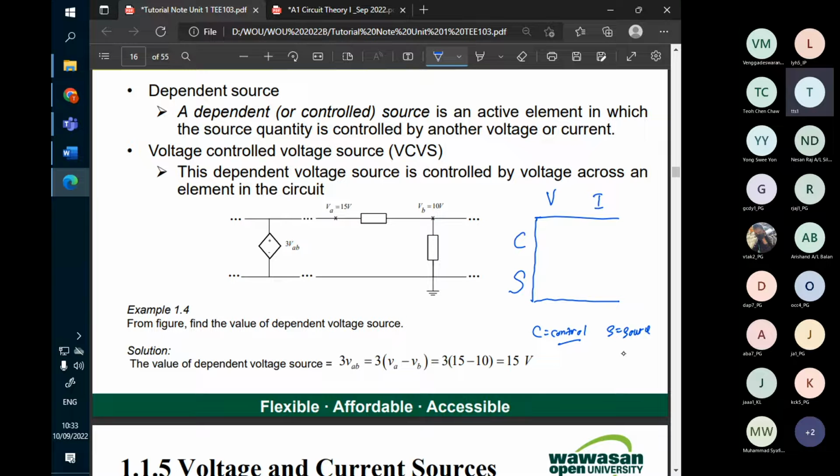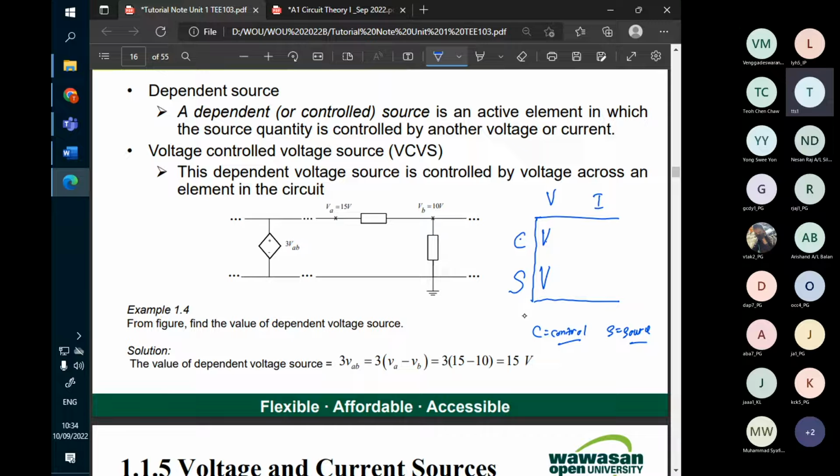Something controls something, right? Or the source coming from where it's coming from. So the first one is the voltage control, voltage source: VC and VS. Voltage control, voltage source.